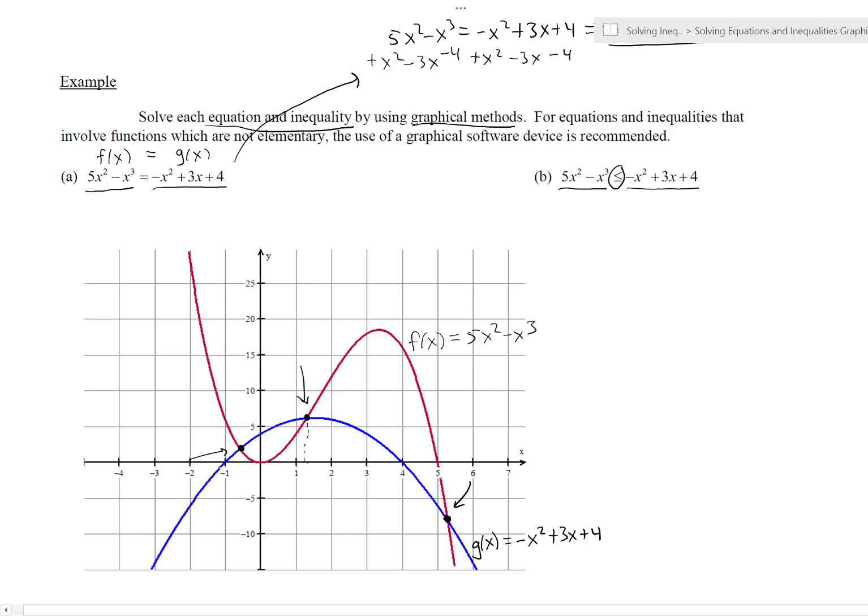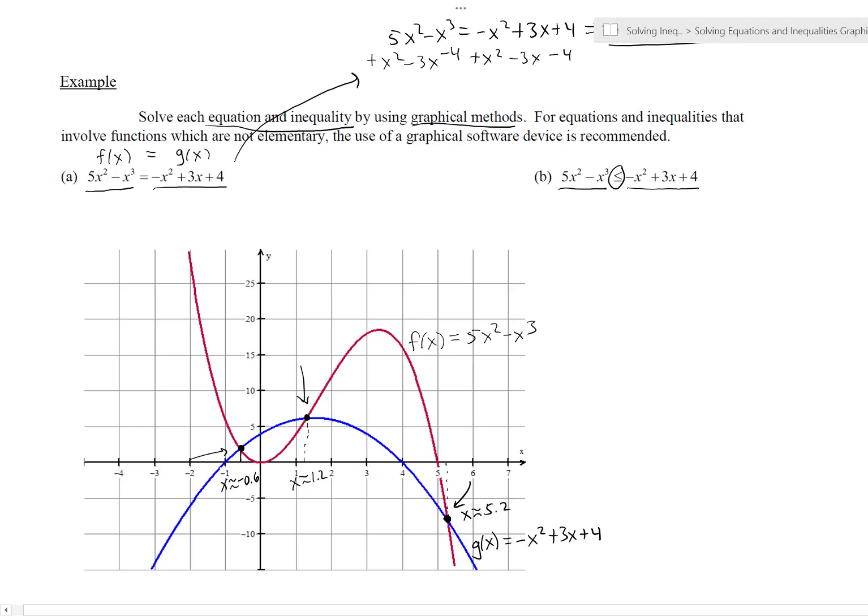It looks like that's maybe about, I don't know, x is about 1.2 or so. And then the one on the far left, that looks like maybe about negative 0.6. So x is approximately negative 0.6. And then finally, down at the far right, at the bottom there, x is approximately maybe about 5.2.